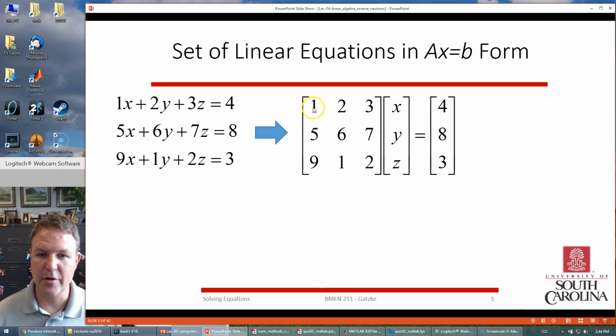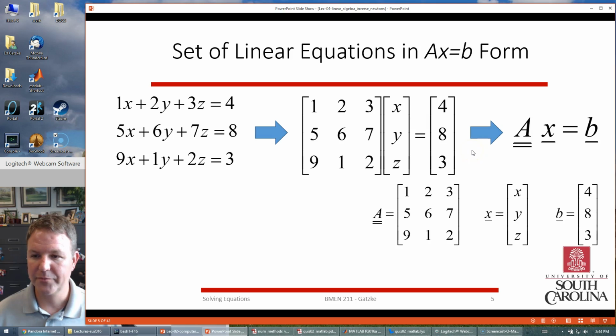Because if you dot this row, 1, 2, 3, with x, y, z, you get 1x plus 2y plus 3z. If you dot 5, 6, 7 with x, y, z, you get 5x plus 6y plus 7z. And if you dot 9, 1, 2 with x, y, z, you get 9x plus 1y plus 2z. So we have a 3 by 3 matrix, a 3 by 1 vector, and a 3 by 1 vector.